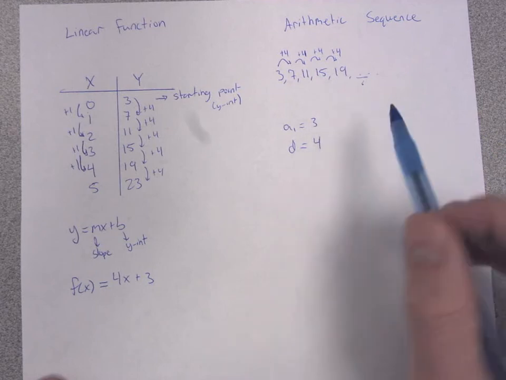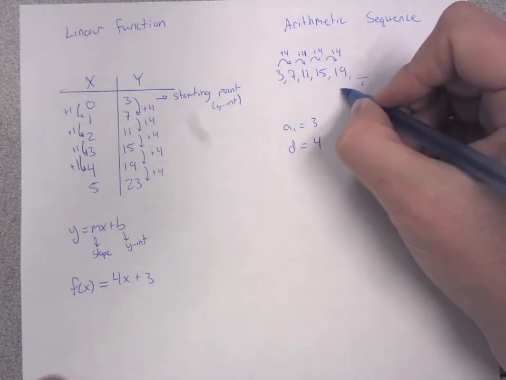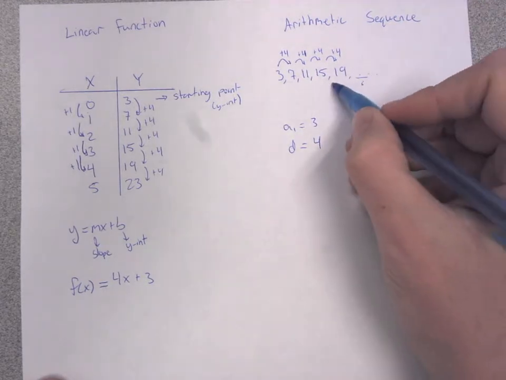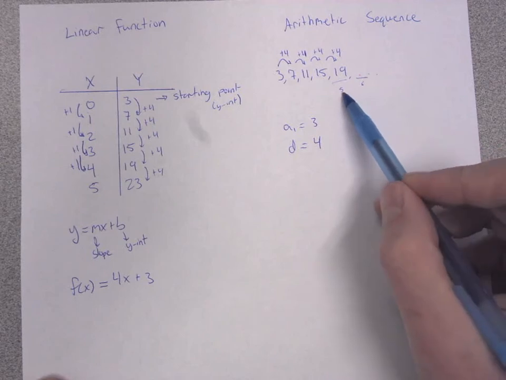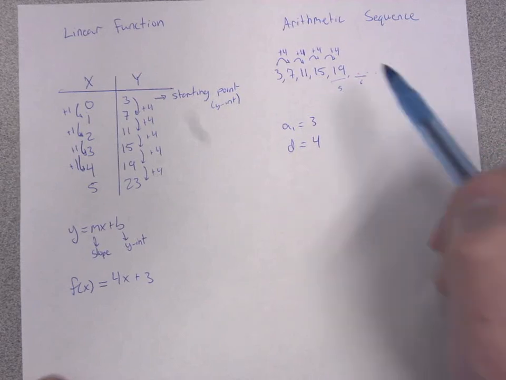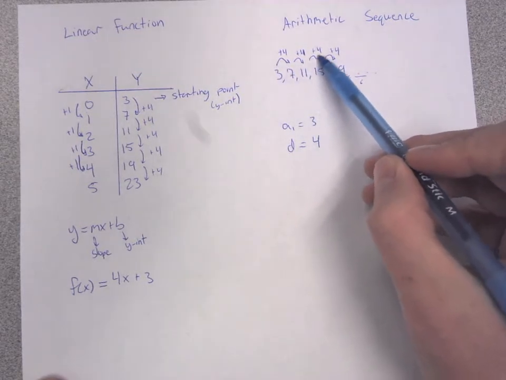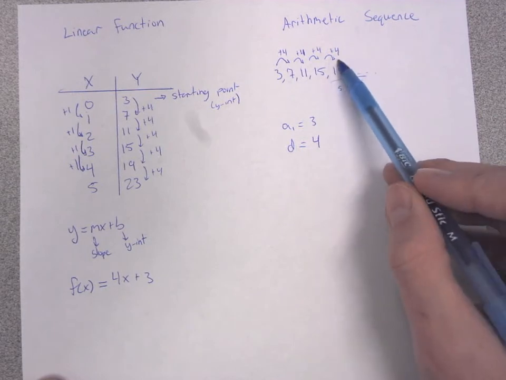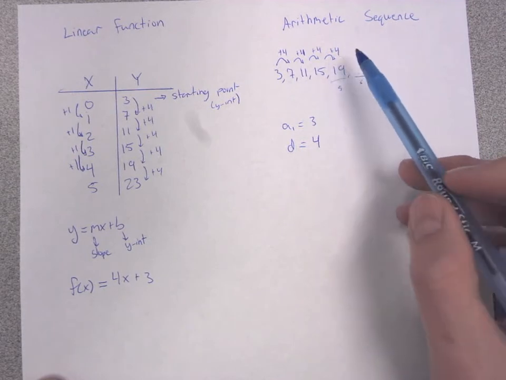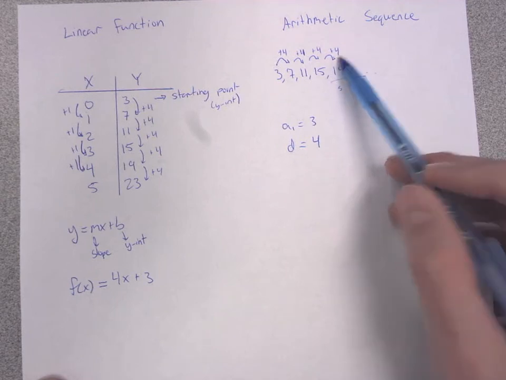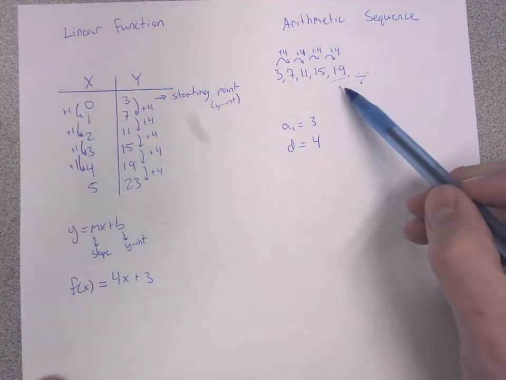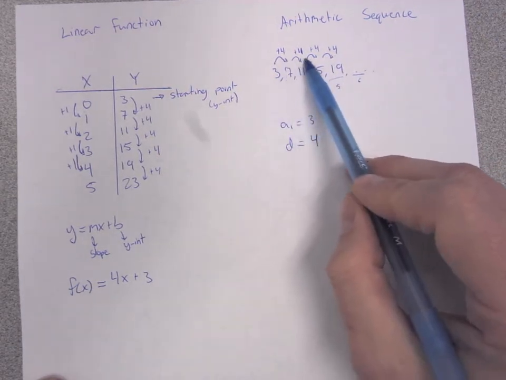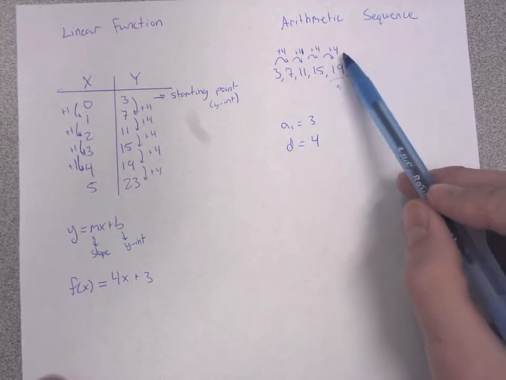If I'm looking at term 5, for example, and you think about how many times you've added 4, at term 5, plus 4, plus 4, plus 4, plus 4, only 4 times. Sorry, one more time. At term 5, you've only added 4 four times.